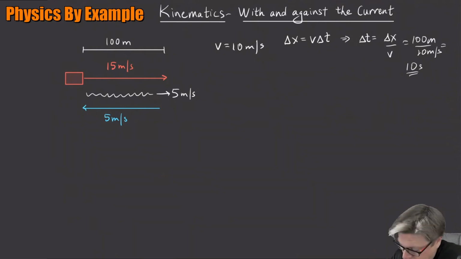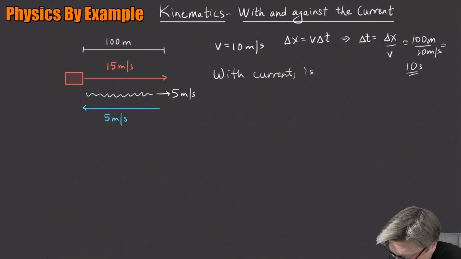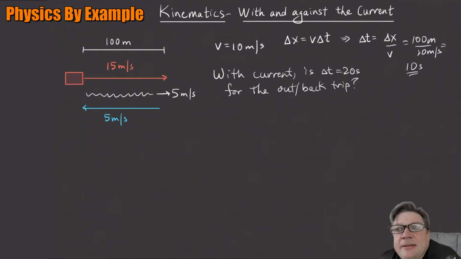So with the current, is delta t equal to 20 seconds for the out and back trip? Again, naively, you might think, we're adding 5 and then taking away 5, so the current's not making any difference.